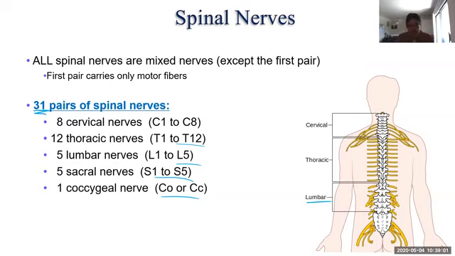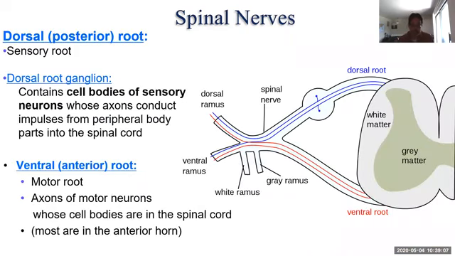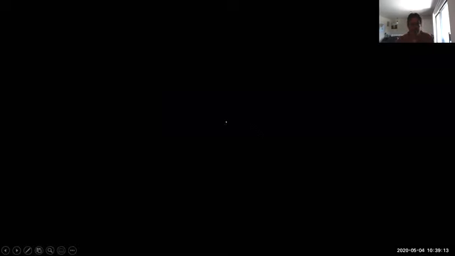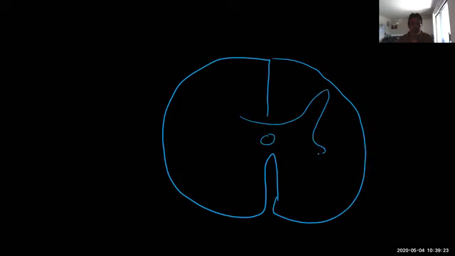Now, here's the thing when we're looking at spinal nerves. Let me just bring in a new screen here. Let's say here's our spinal cord. And now coming off the spinal cord, we have our spinal nerve.